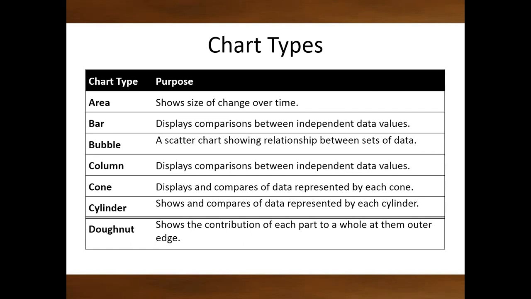The previous represented data in the form of a cone. The next type of chart is the donut chart, and this shows the contribution of each part to a whole at their outer edge.